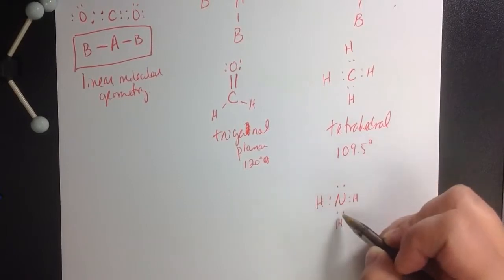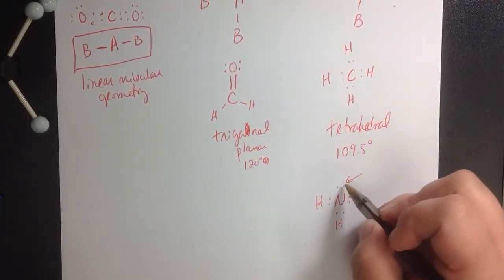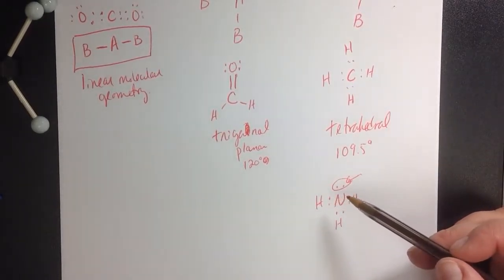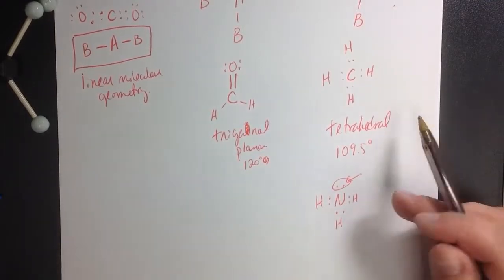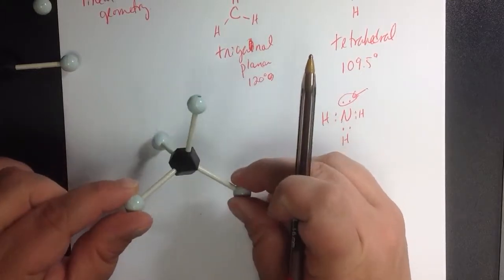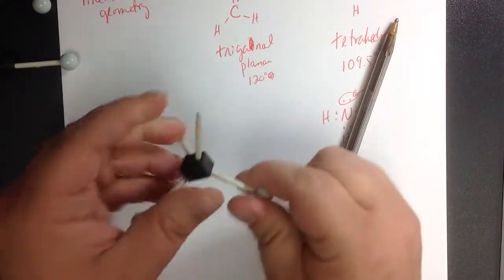If you recall, there's a lone pair of electrons on nitrogen right here, right? Those still take up space in the 3D realm. So in other words, instead of having it look like this, you just don't have an atom right there.